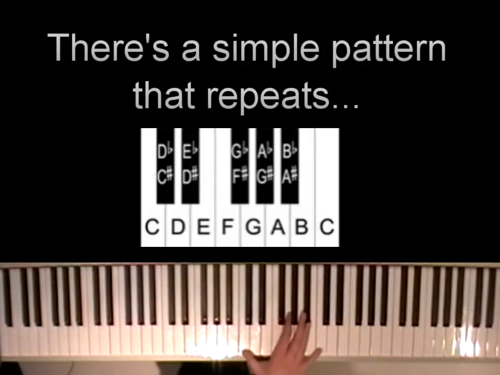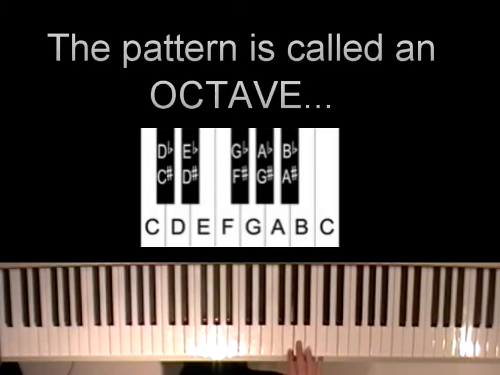If you work it in octaves, C, D, E, F, G, A, B, and then you get to C again. This sequence just repeats up the piano or down the piano, so then you've got C, D, E, F, G, A, B, C.